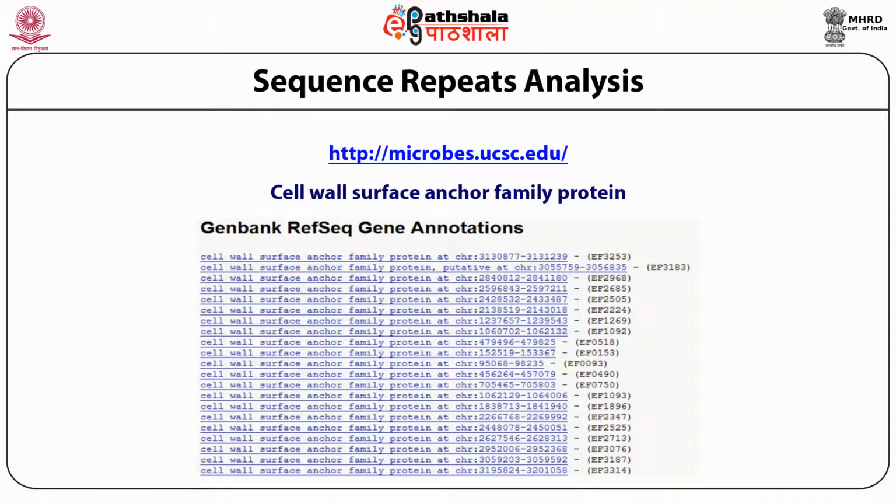Using cell surface anchor family protein as a search term, find all the proteins using the Enterococcus faecalis genome browser at UCSC. In the results window, click on the last record in the list, for gene number EF3314, and download the protein sequence in FASTA format.